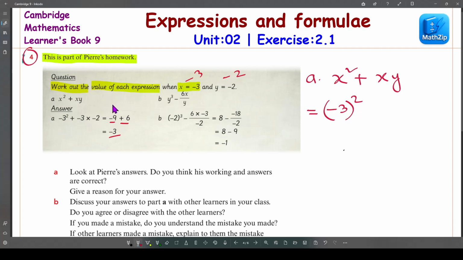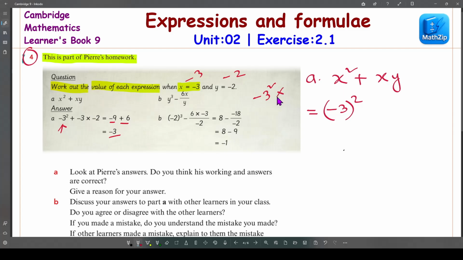Look, he made a common mistake. Once you are trying to multiply or square a negative number, then the entire number including the negative sign is squared, but he did it like minus 3 square.